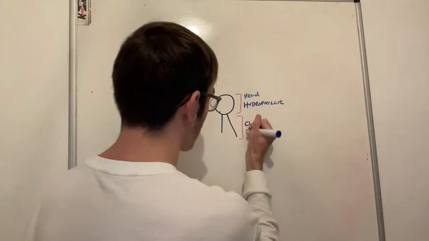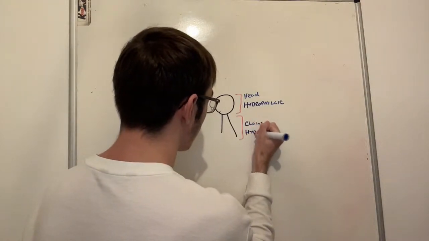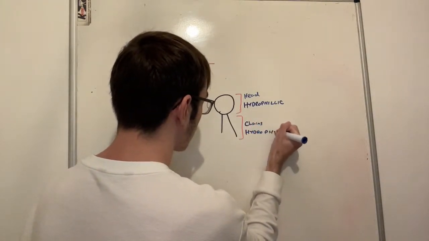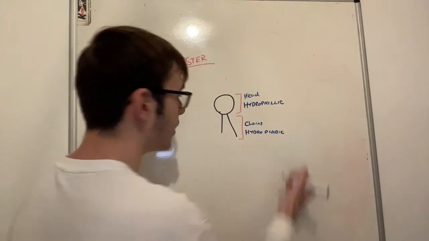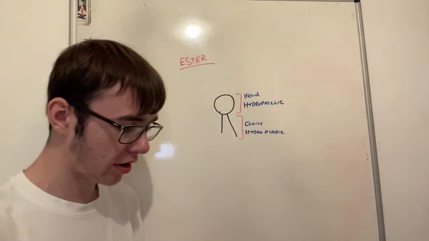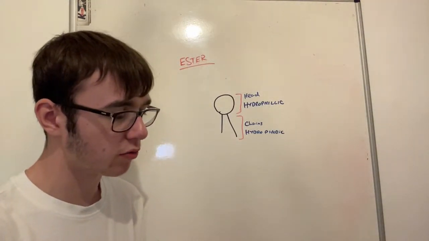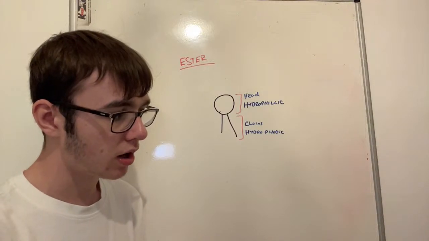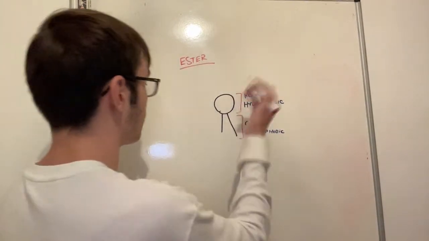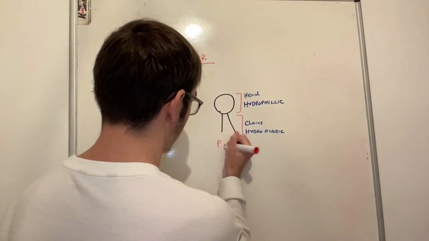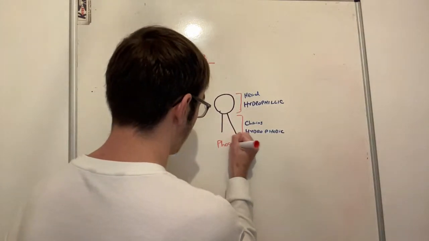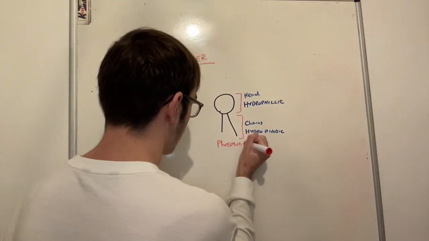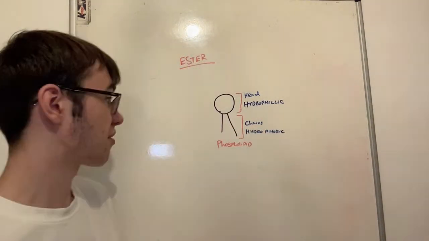Meanwhile, the chains are hydrophobic. Now, these have a charge, but I don't recall which way around it is. This is a phospholipid, by the way, so I need to add one more thing to it, but I'm just going to cover this bit first.